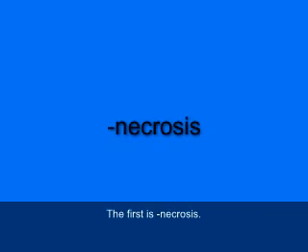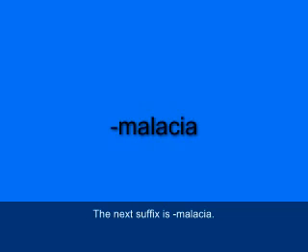Okay, the next group of suffixes related to pathology describe a quality or condition of something. These would describe qualities or conditions that are, again, abnormal. They're pathological. The first one is -necrosis. Necrosis means tissue death. The next suffix is -malacia.